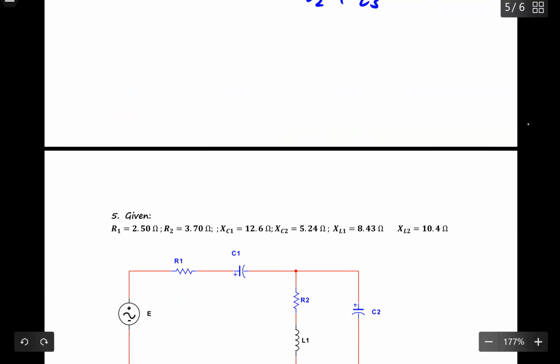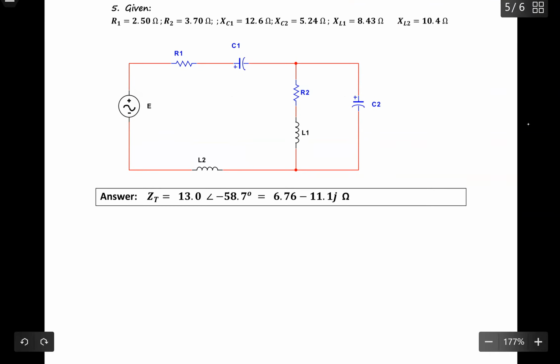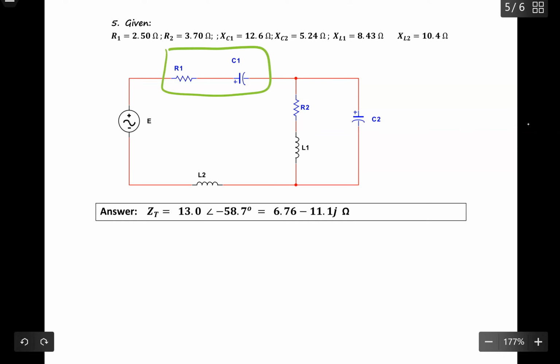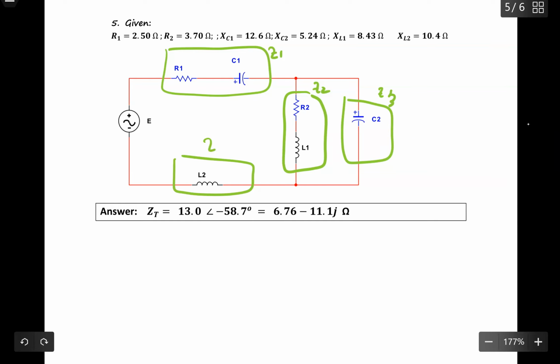Let's go on to question number 5. With this question, what I have is this part here, which I will label as Z1, this as my Z2, this as my Z3, and this as my Z4.